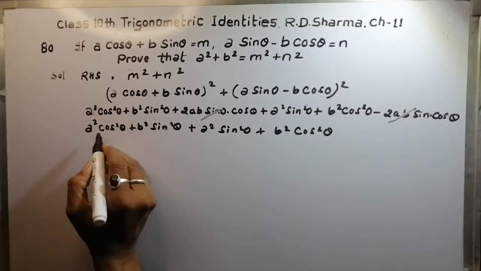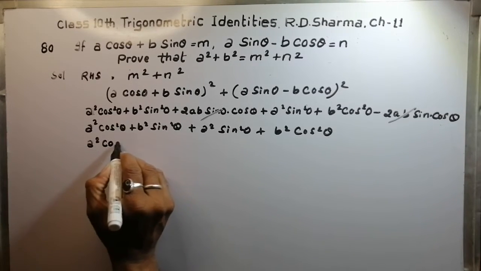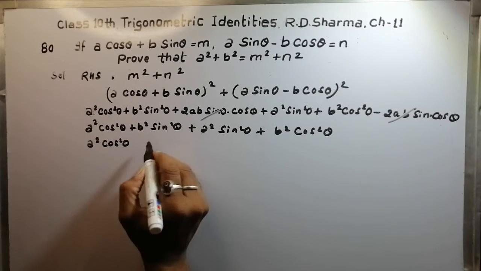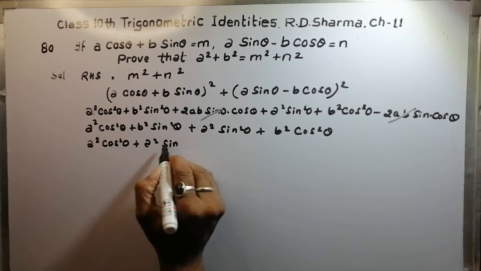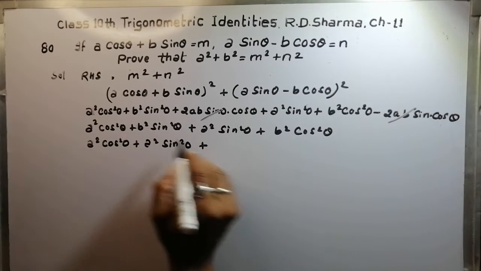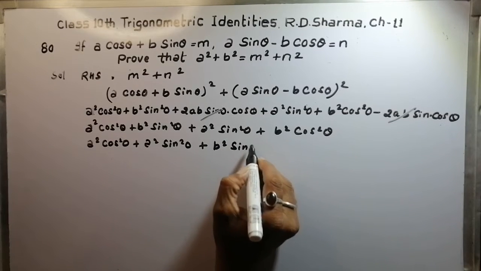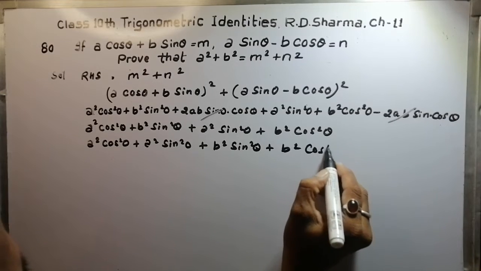If we arrange this, we get here a square cos square theta plus a square sin square theta, and write this side b square sin square theta plus b square cos square theta.